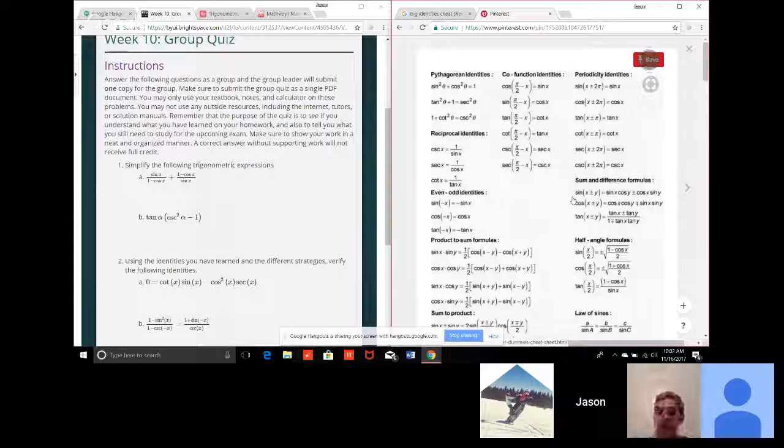Yup, I have the same issue. I've got a chart, but none of them are showing me what is sine x over cosine x. You've got cosecant, which is 1 over sine x, and secant, which is 1 over cosine x, but there's no.